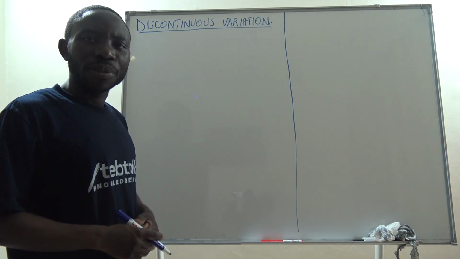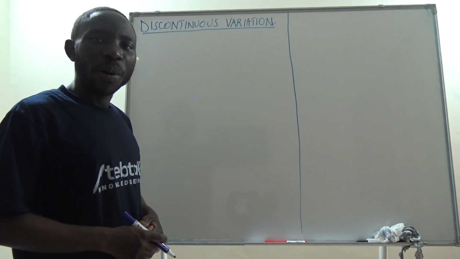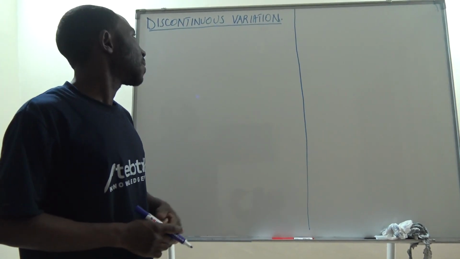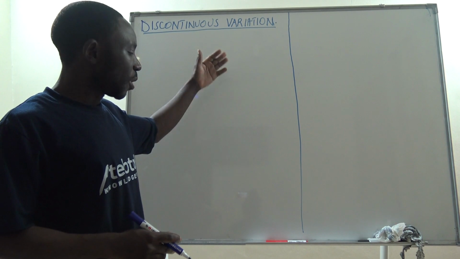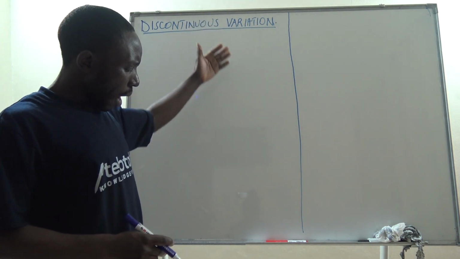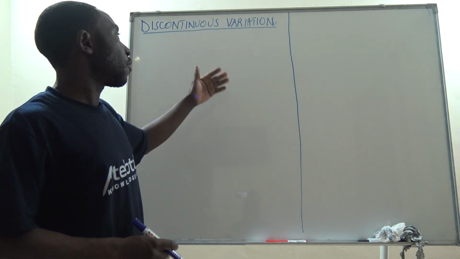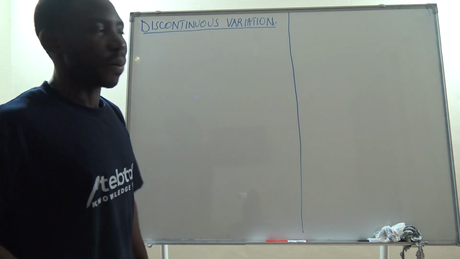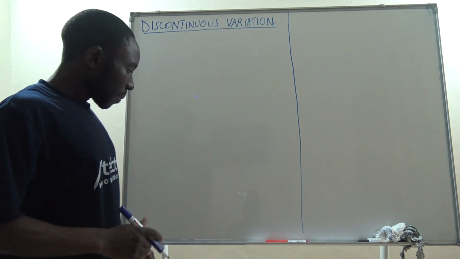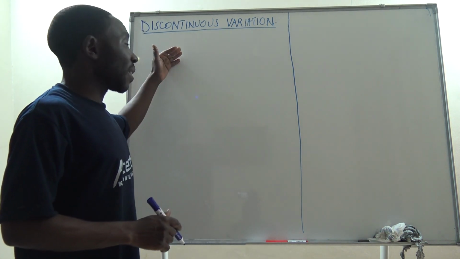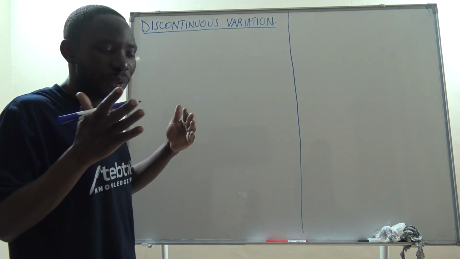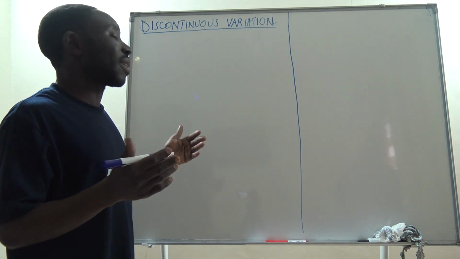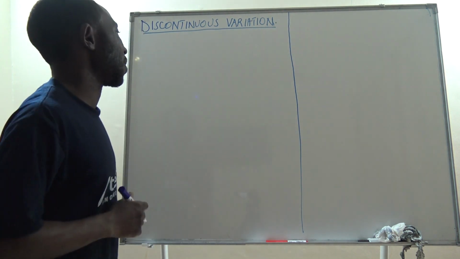Dear students, in this video, we are going to look at discontinuous variation. This is one of the forms of genetic variation. There are characters which vary between members of a species, and those characters vary discontinuously.